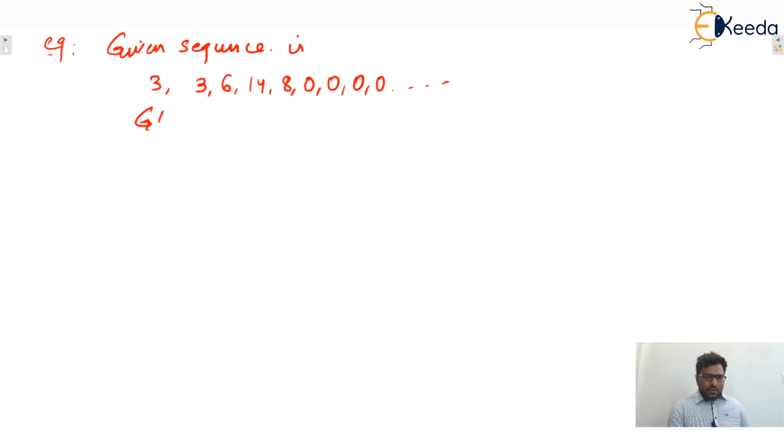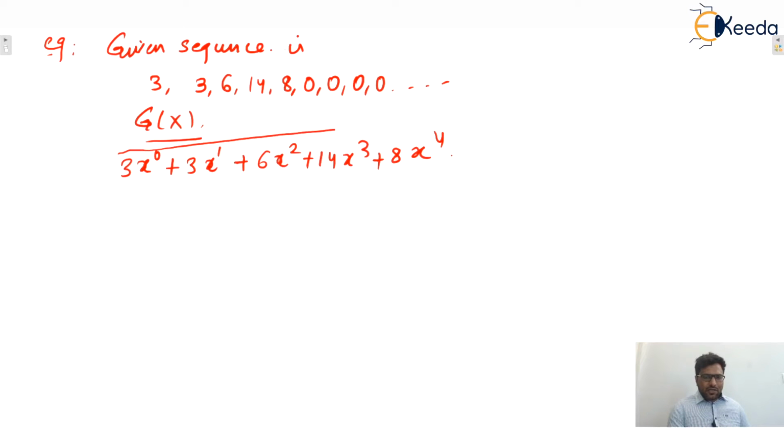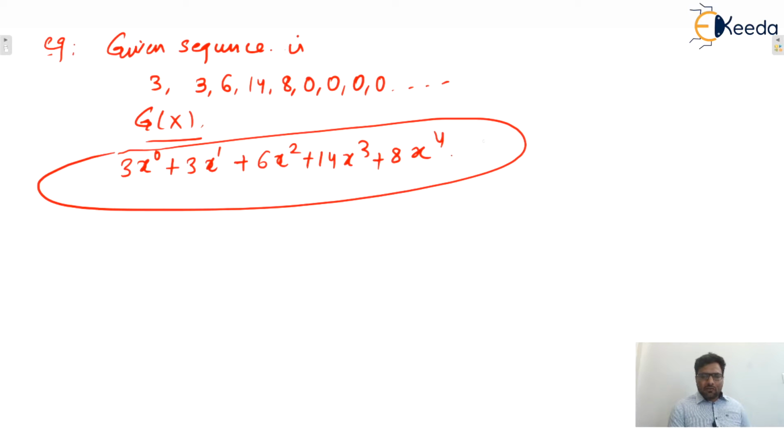Then the question is, what is the generating function? Nothing else. Multiply the first term with 3x raised to power 0, the second one with x raised to power 1, then 6x square, then 14x cube plus 8x power 4. That will be the generating function, because after that every term vanishes. Yes or no? We can say that 0 will be multiplied, so everything will be 0.